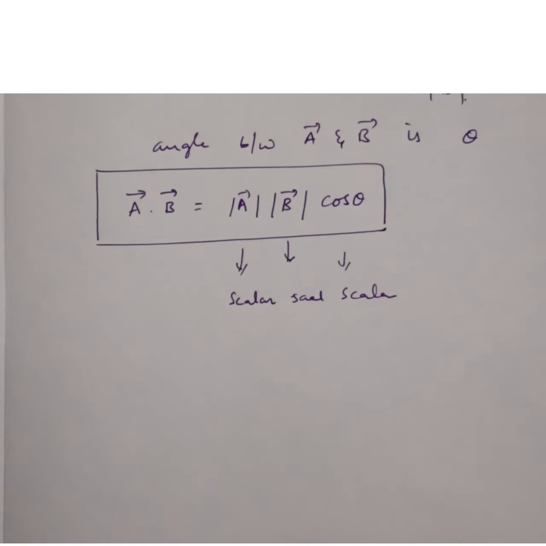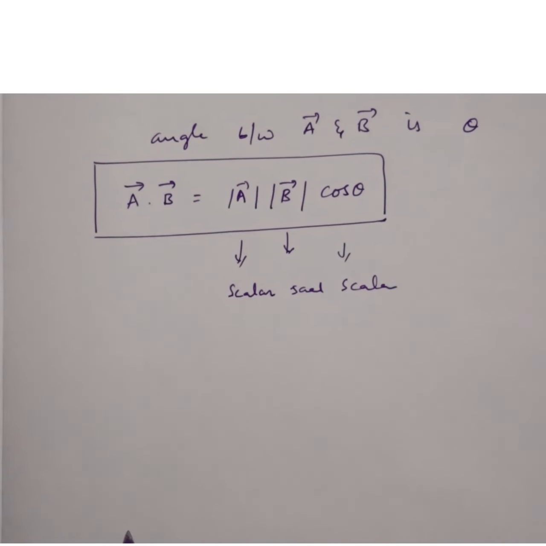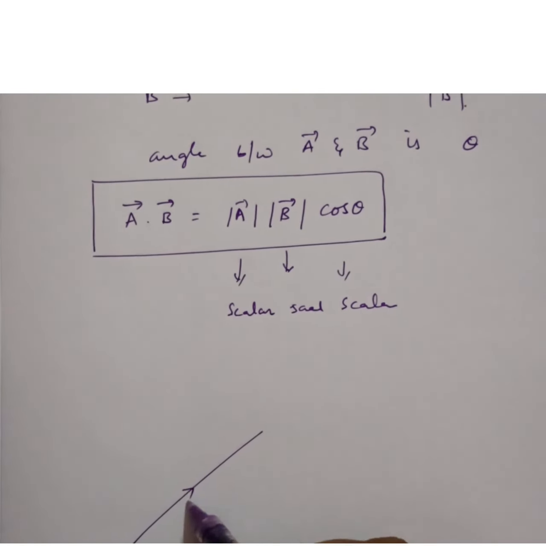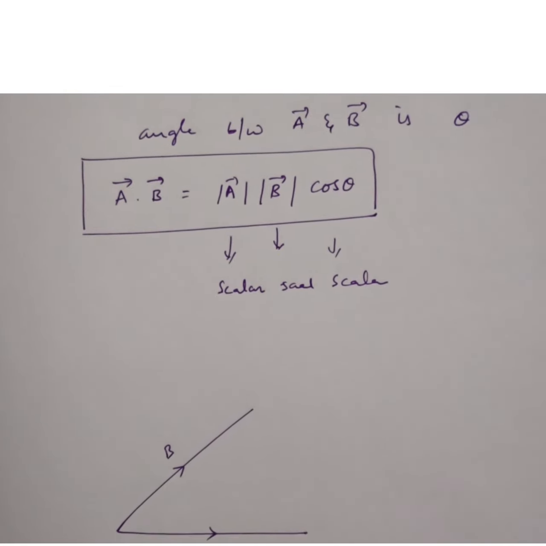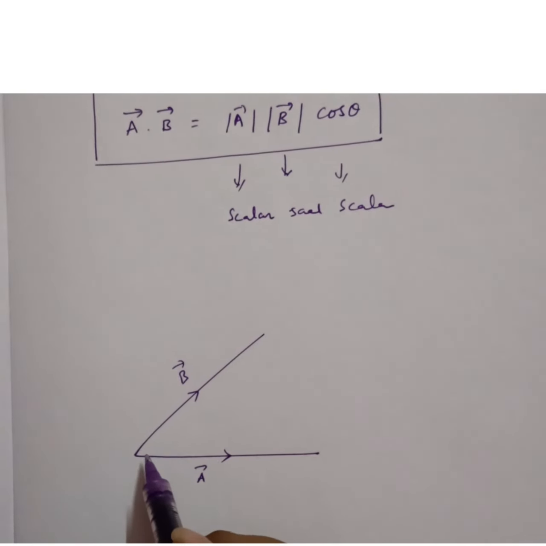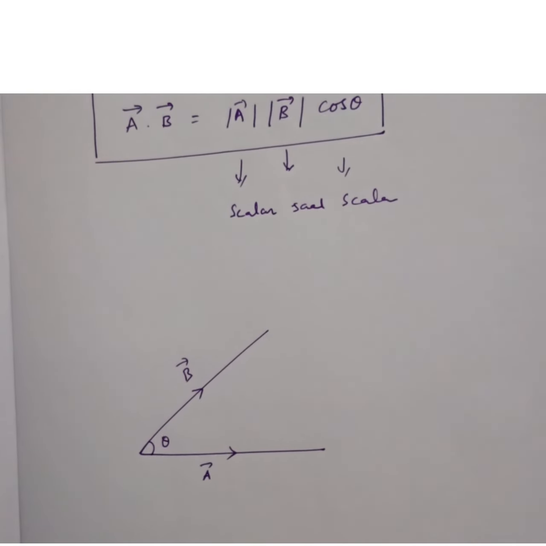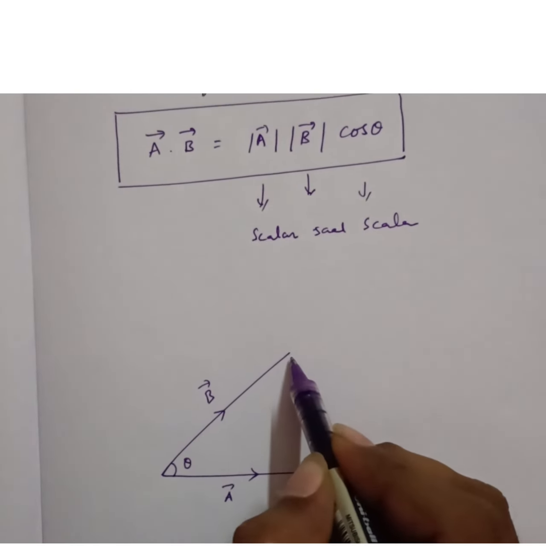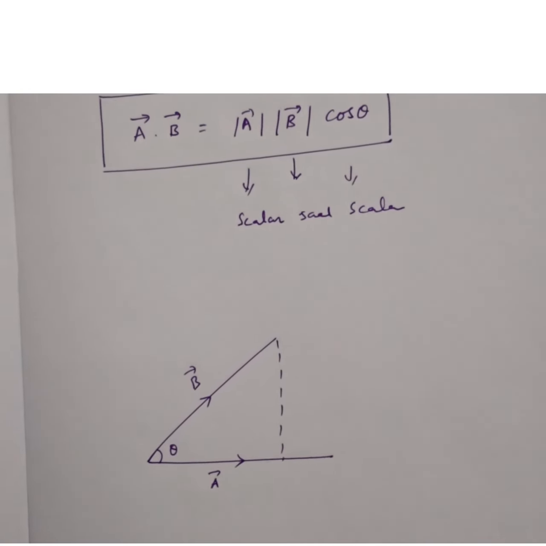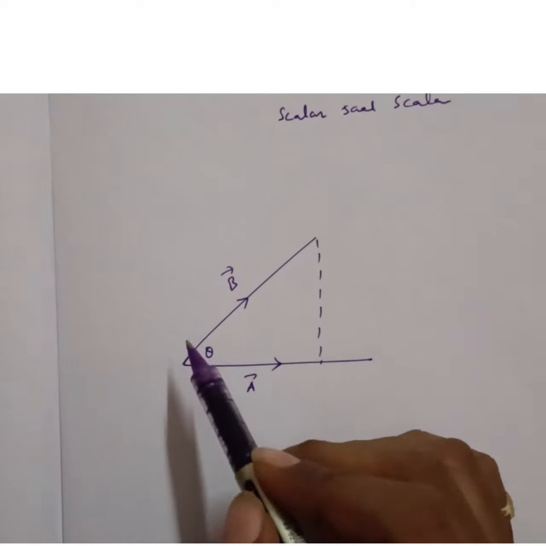Okay. Now we will see two vectors, a bar and another vector b bar, and the angle between them is theta. Now if you draw a perpendicular like this, we already know this topic, resolution of vectors.